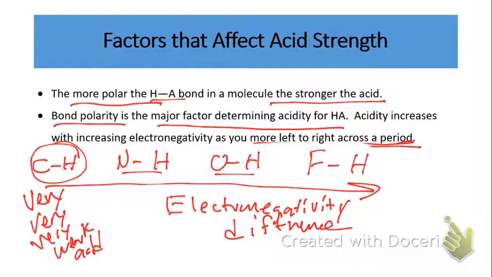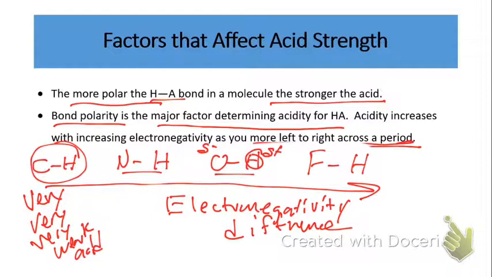And then we get an OH bond, like in water, H2O, where water becomes a little bit better of an acid because there is a positive charge and a negative charge, and therefore water can act as an acid and lose this proton, but it's still a fairly weak acid.